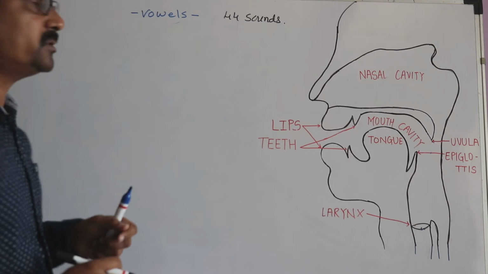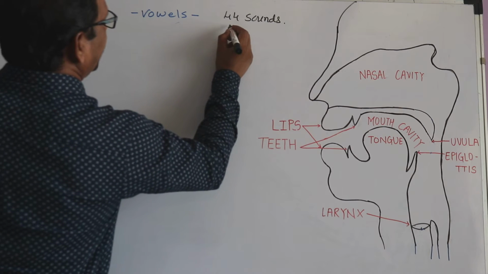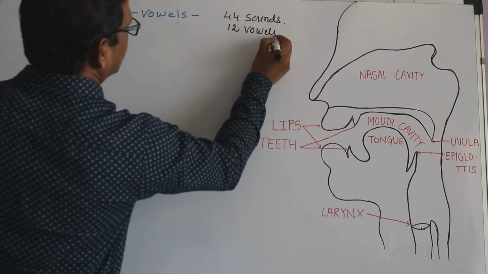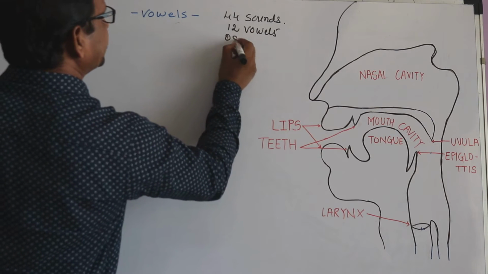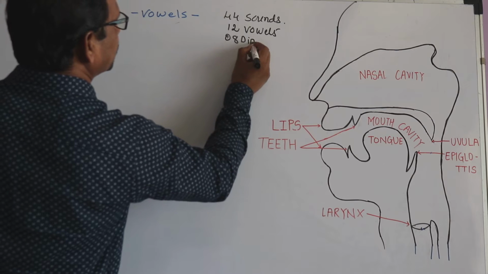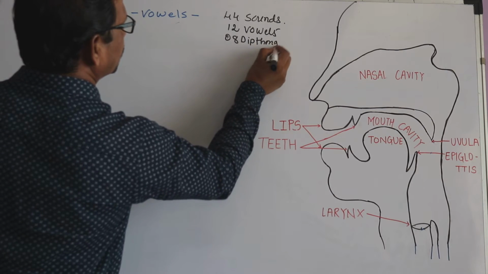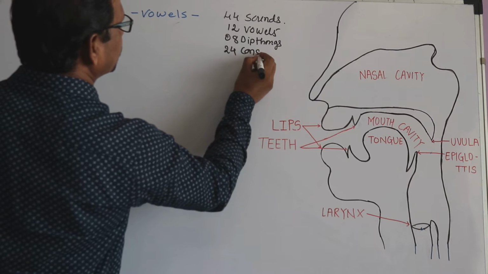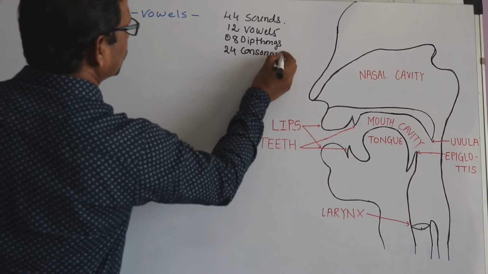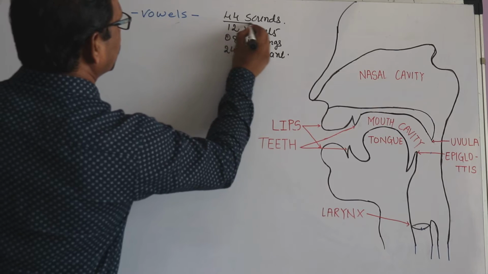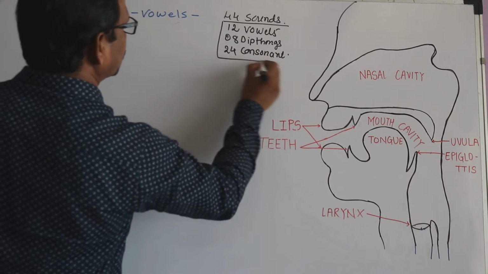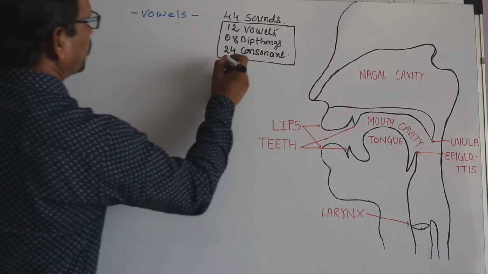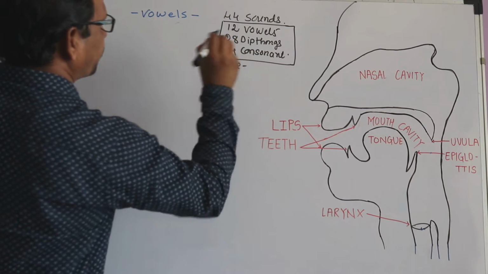Out of 44 sounds, we have 12 vowels, 8 diphthongs, and 24 consonants. So the total is 44.